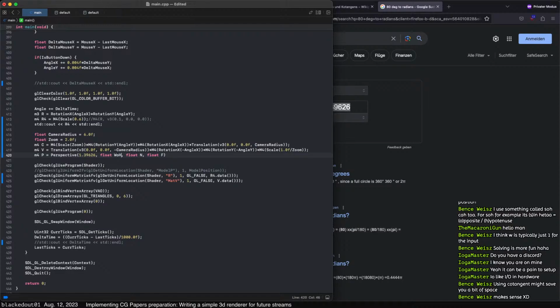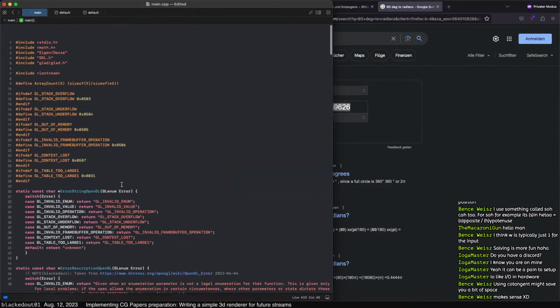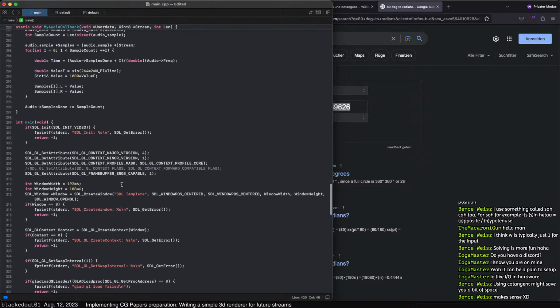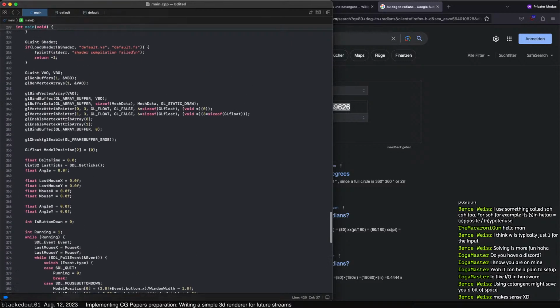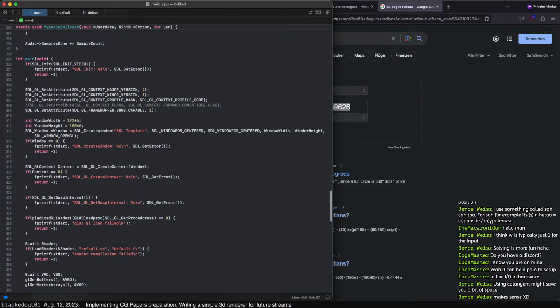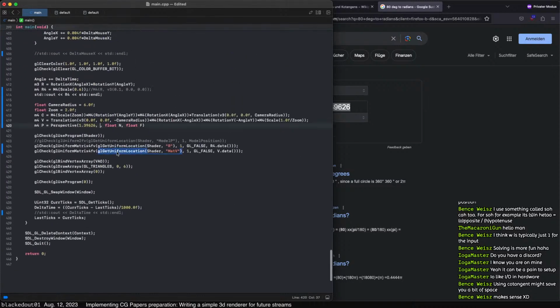This is really ugly, but I don't think I have a definition of pi here. So width over height. If I don't rescale the window, I will just use these here now. And I want to make sure that I don't divide an integer by an integer. And then the near plane would be, for example, 1, and the far plane like 100.